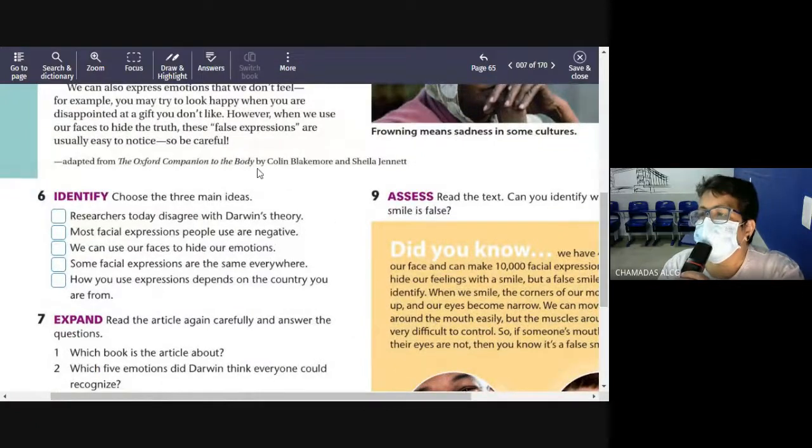So, what do you think are the three main ideas? What do you think, people?